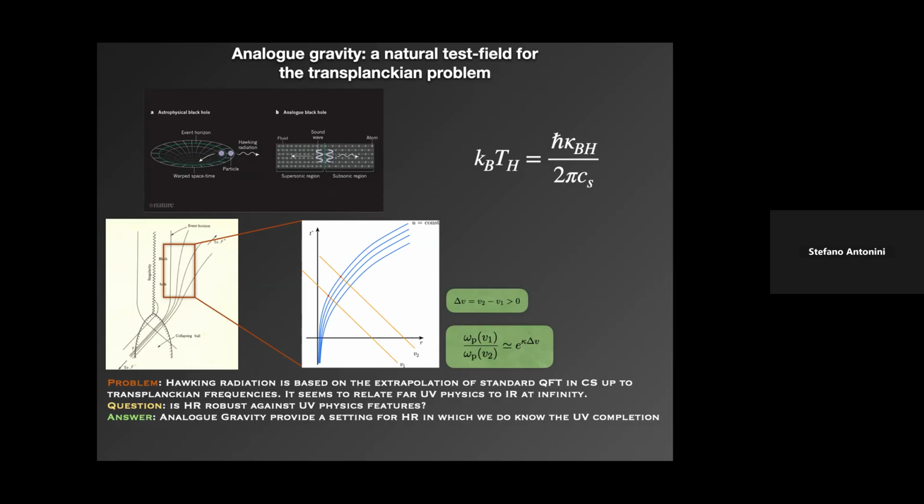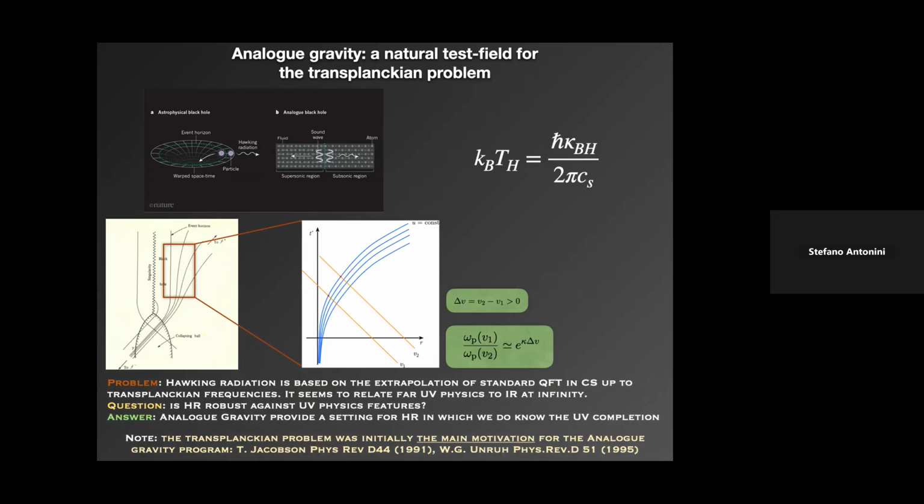Analog gravity served as a tool providing a concrete model where you know what the UV completion is, showing you that there is instead a robustness. Now we are convinced that Hawking radiation doesn't care what happens at the Planck scale close to the horizon. And I will try to convince you about it.